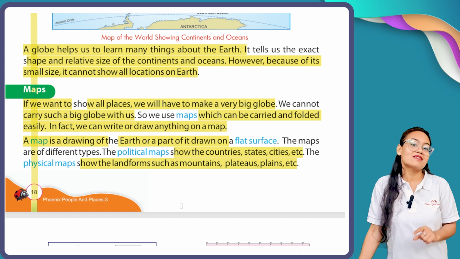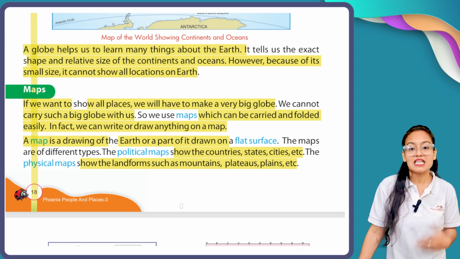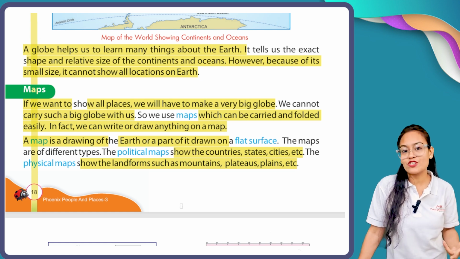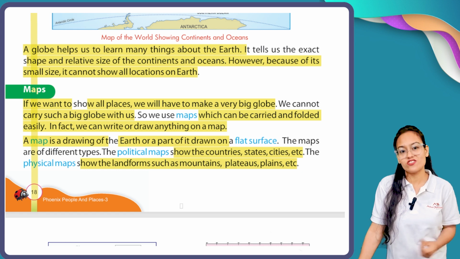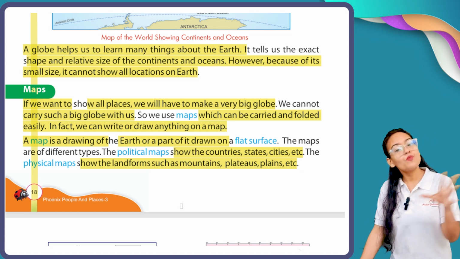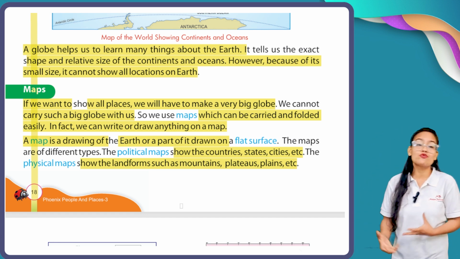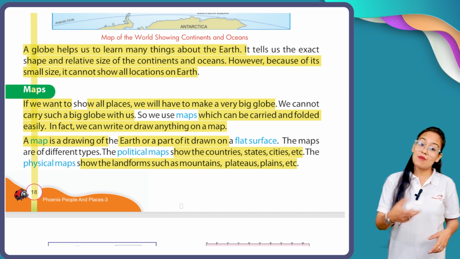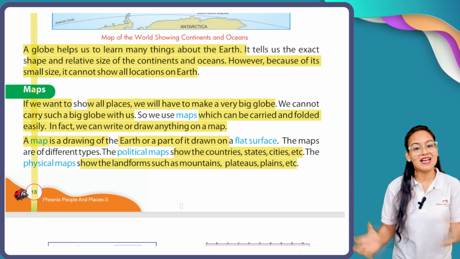On the other hand, on a physical map we can mark the rivers, the plains, the plateaus, the mountain ranges, the lakes, which are all natural things. They are not man-made. On a political map we draw the things usually constructed by man, but on a physical map we mark only natural things.